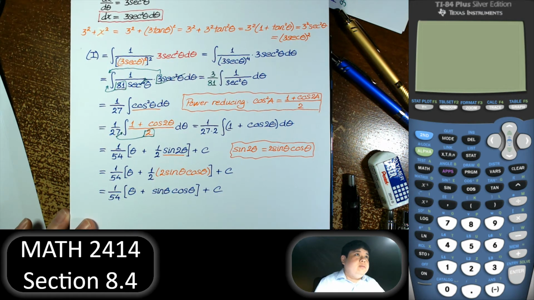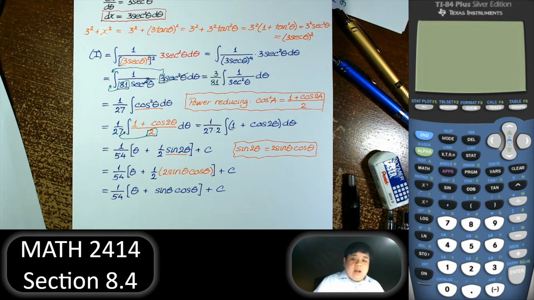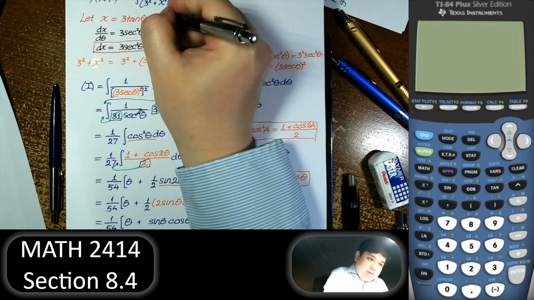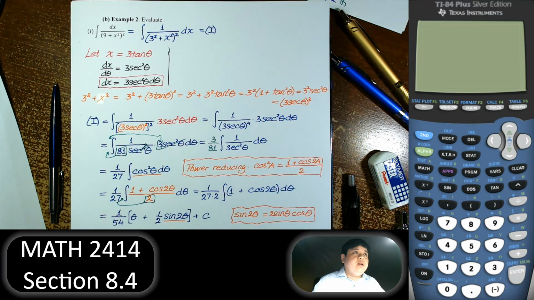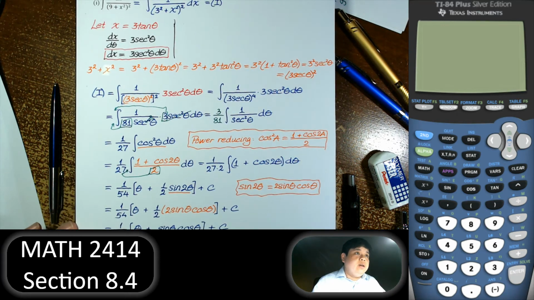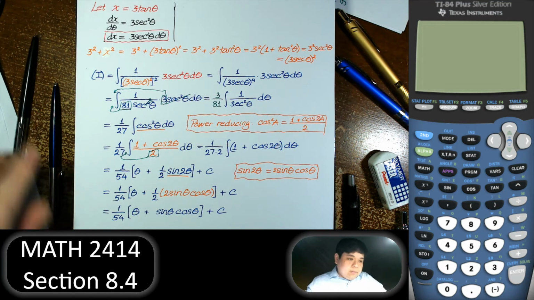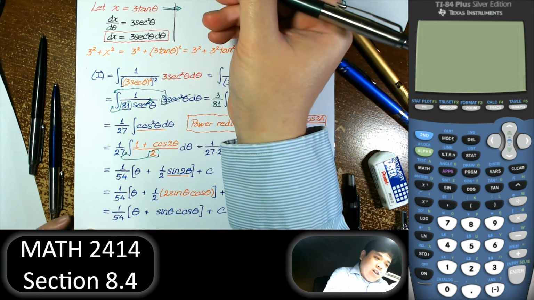Alright, that's better. Now we need sine theta and cosine theta. So we go back to the first part of the problem. X equal to 3 tangent theta.